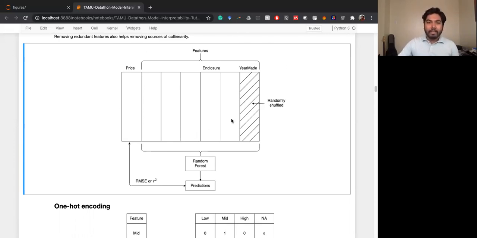Let's say this is our data set, and these are the columns, which are the features. Price is our target variable, and the rest of the columns are features. Let's say I want to calculate the feature importance of the feature year made.